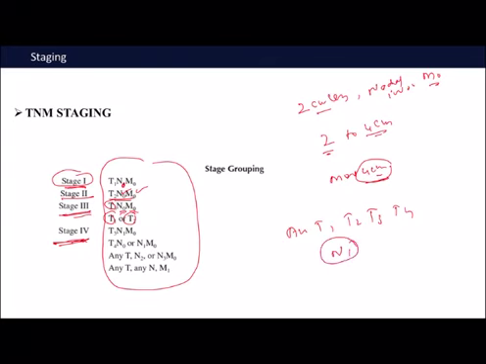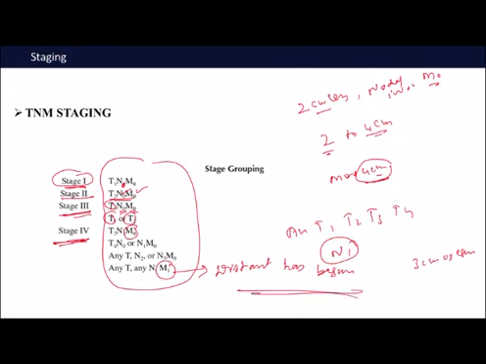We already know what N1 is: a single ipsilateral lymph node of 3 centimeter or less in diameter. Sometimes it may increase till it goes to N2C, that is bilateral and contralateral involvement with multiple lymph nodes. If this occurs, then finally M0 has to convert to M1, that is, distant metastasis has begun.